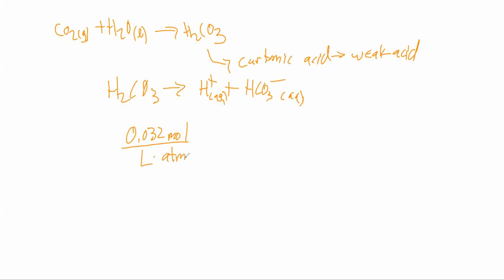Or what is that going to help us do? So Henry's law constant is telling us our dissolution. So we're going to use that to figure out how much of this gets dissolved inside of our solution.